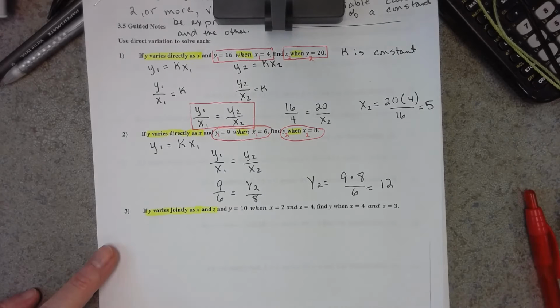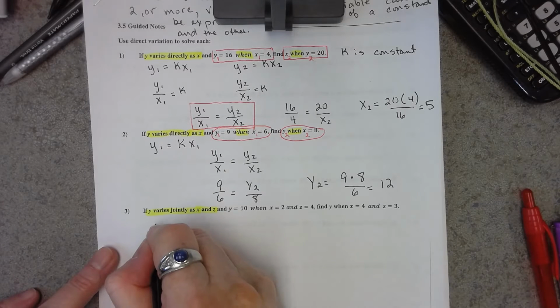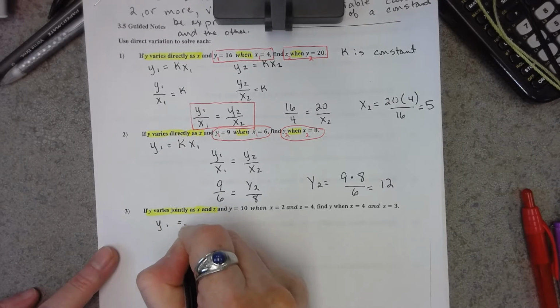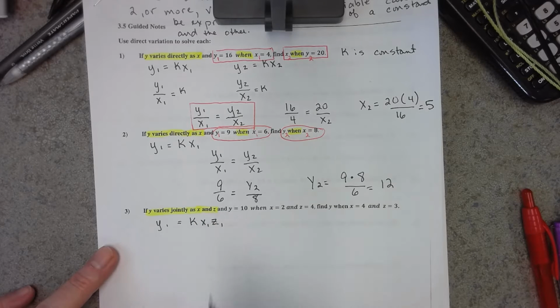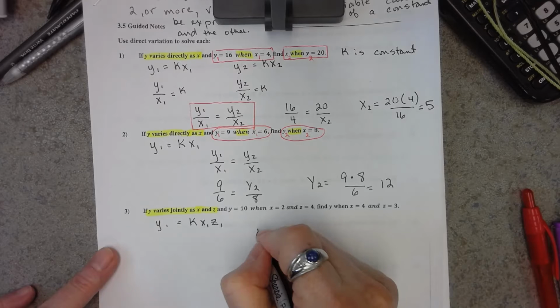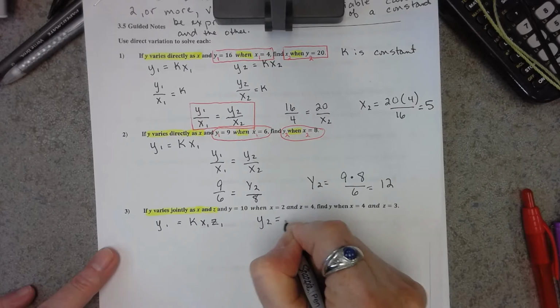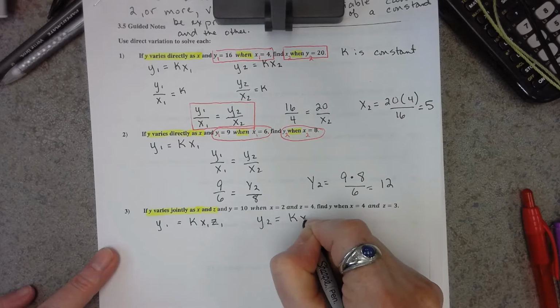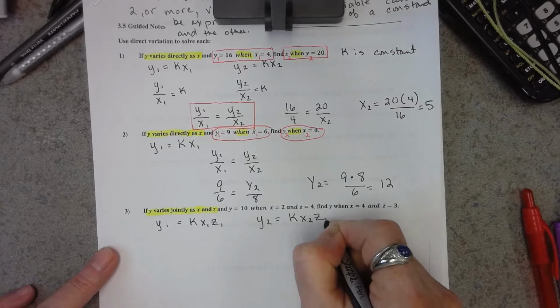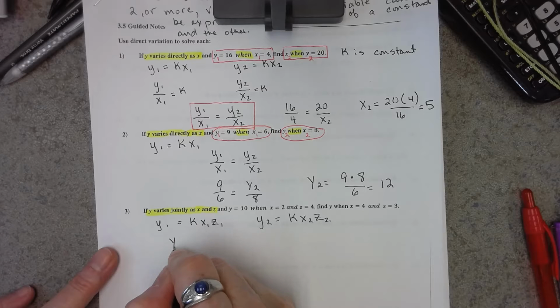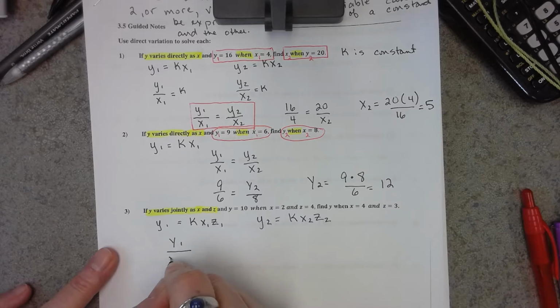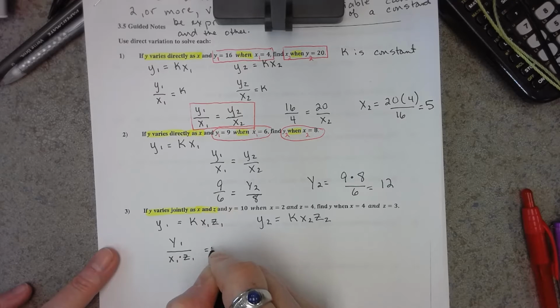So our initial equation would be y1 is equal to k times x1 times z1. Rewriting that equation again, we would have y2 is equal to k times x2 z2. Solving for k, we get y1 over x1 times z1 is equal to k.